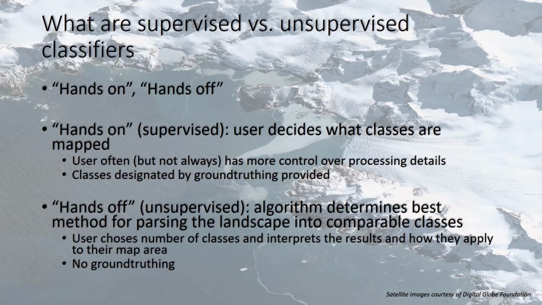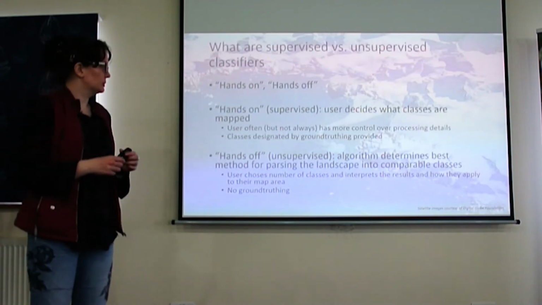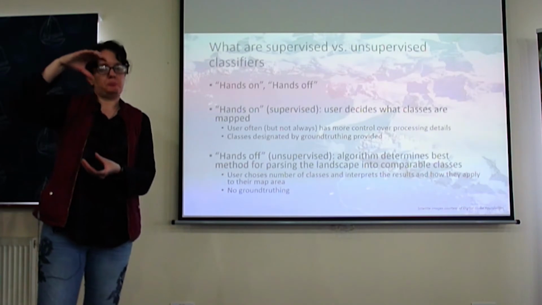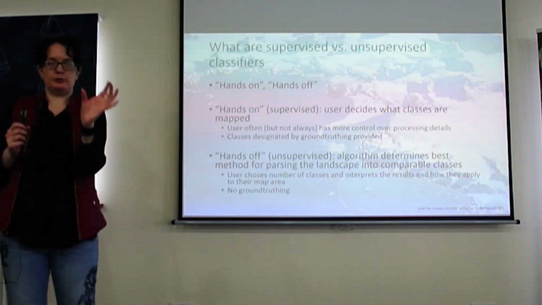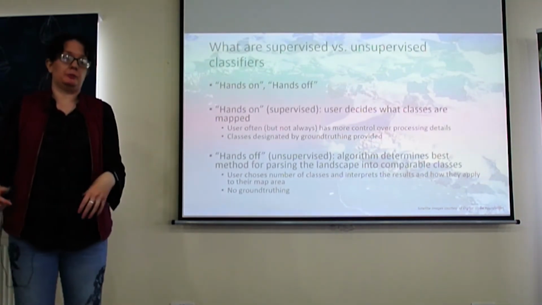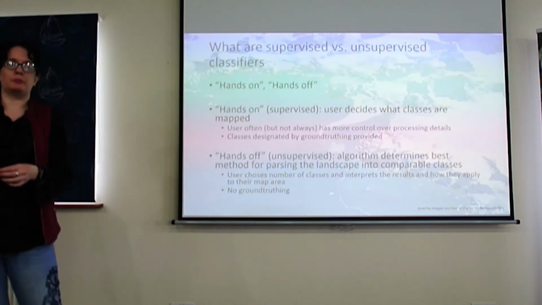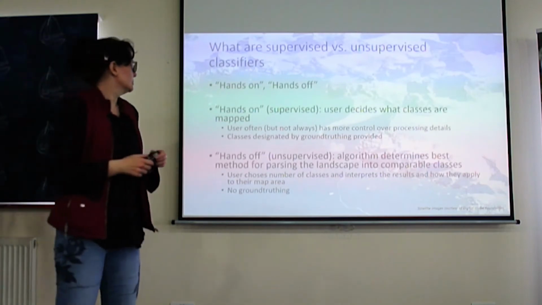Often you will say, I think there are 11 different types of classes in this mapping area, but you will not give it ground truthing. You're just going to say, if I broke this chunk of imagery up into 11 different types, what would it look like? And the algorithm will come back and give you a map. It will have split up all the imagery into 11 different classes.